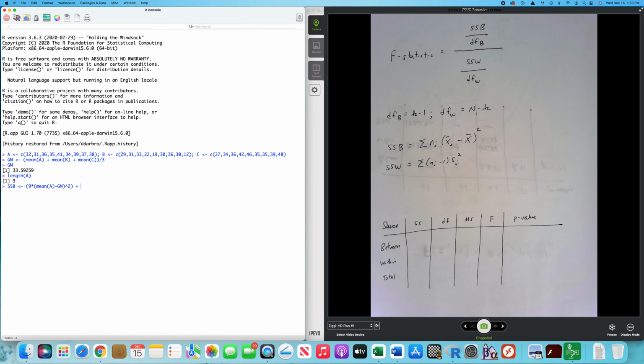If I had to type out all this, I'd lose my mind, so I'm going to do this another way. It works nicely when we have a balanced design. It's a little bit more complicated because of some things we have to do in R if we don't have a balanced design. So anyway, the sum of squares between will be 626.74.